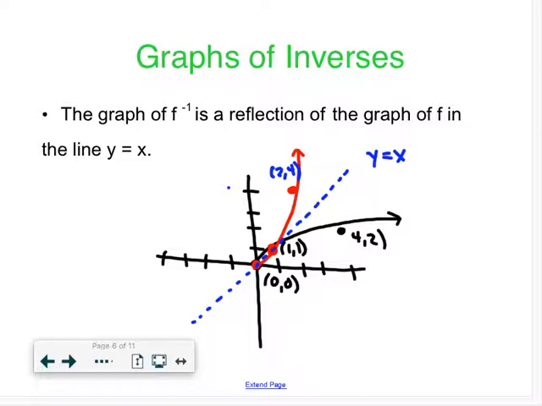But if it came from a square root function, you're only going to have half the parabola. So that's something for you to be thinking about visually: what did my original function look like and what would the inverse look like? I might have to restrict my domain on the inverse so that it matches the picture. I don't want a full U because there's no other points to reflect to get that other side.